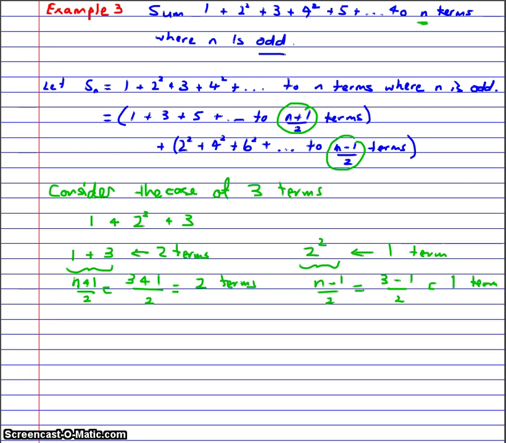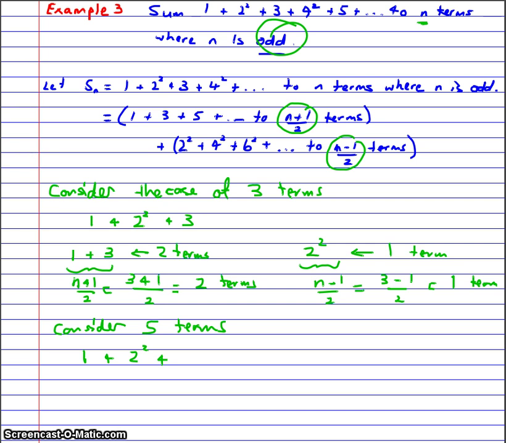Alright, so we could go again. We could consider 5 terms. What do the 5 terms have? We're choosing 3 and 5 terms because it's odd. We're told at the beginning that the number of terms n is odd, so we're choosing an odd number of terms.